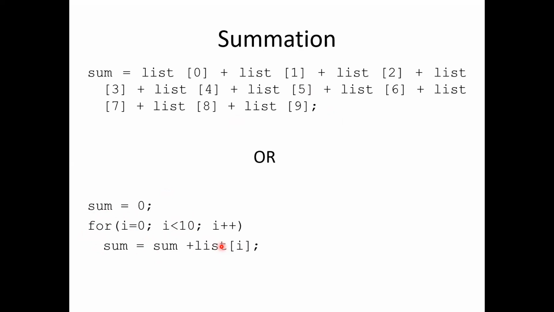So 0, let's say the first value is 1, so therefore now sum will become equal to 1. And then it will increment by 1, so therefore I will become 1. And this is still true. So what is the previous value of sum? That is 1. Let's say list 1 holds the value of 2. So therefore that will become 1 plus 2. So the new value of sum is 3, and so on.